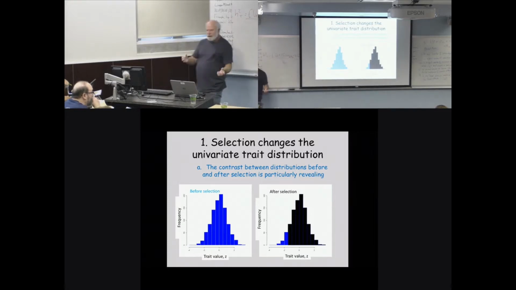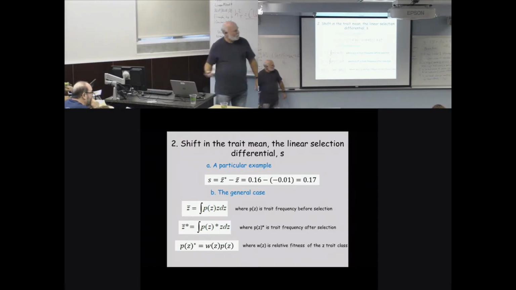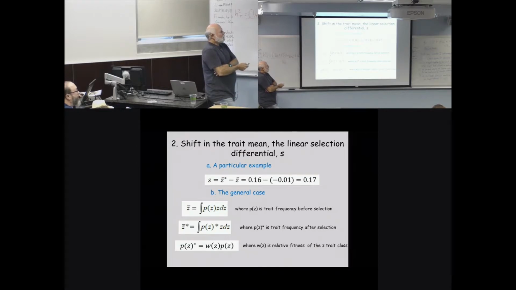Suppose we just want to compare and contrast samples before and after selection. The way that we've done this before is to look at the selection differential, the change in the mean. We're just applying our formula, C bar star minus C bar. That's the shift in the mean: the mean after selection minus the mean before selection.